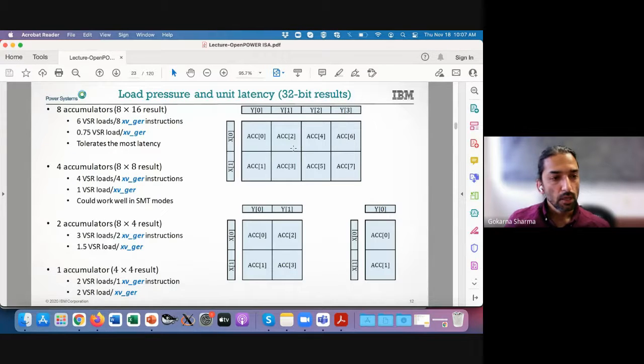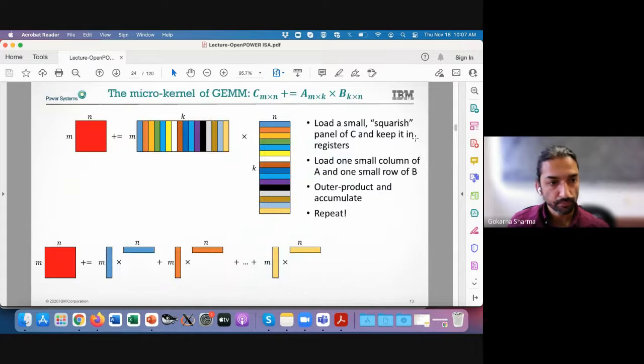And if you use 8 accumulators, then they tolerate the most latency. If you use 4 accumulators, then they work well in the simultaneous multi-threading modes, and so on. So they have specific properties that you can see to make a decision in this particular system, whether I want to use 8 accumulators or 4 or 2, or I just want to use 1 and build on that.